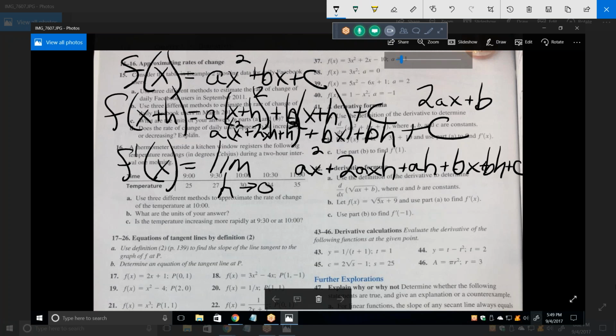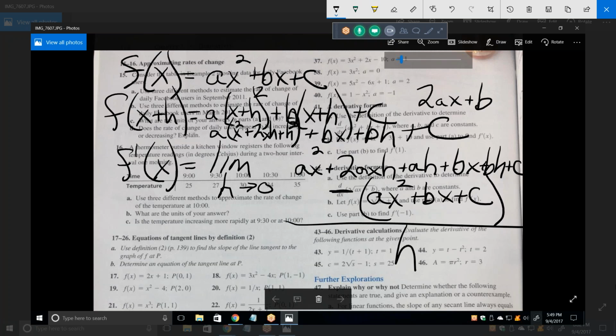That's f of x plus h. And then I'm going to subtract from that f of x, which is our top function. Ax squared plus bx plus c. Again, the parentheses are absolutely vital. If I leave them off, I'm going to get the sign wrong on those last two terms. Now remove the parentheses, simplify, and combine. And remember what I said, every term that does not have an h in it should disappear.